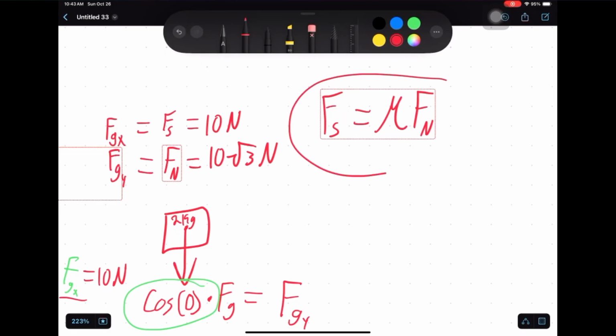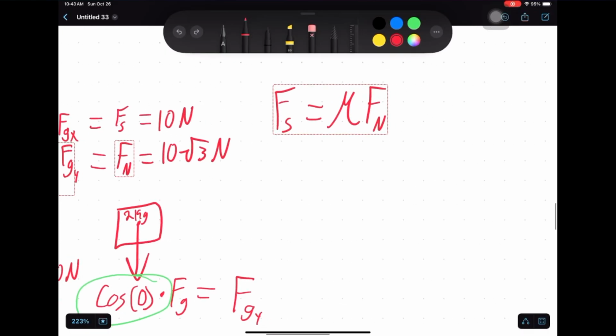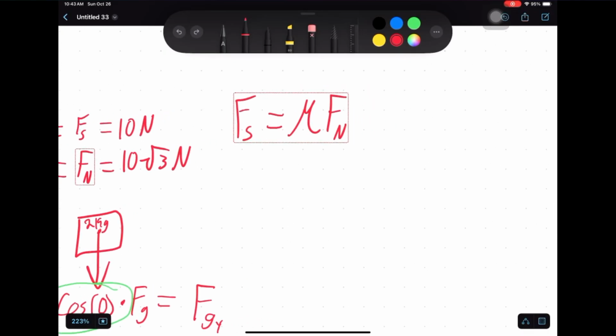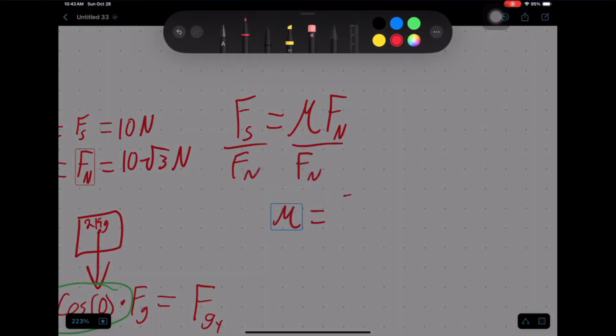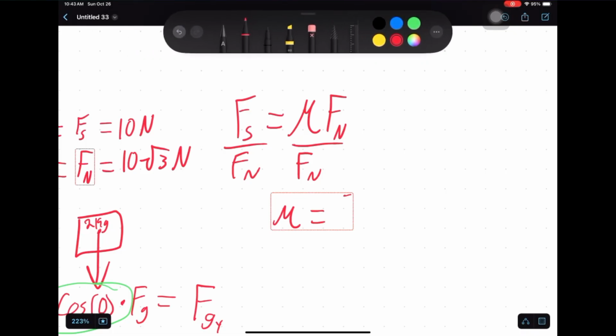This is the actual equation for static friction. Now, we're going to redo this a little bit so we have mu by itself. So I'm going to divide force normal from both sides. And we're going to get mu equals static friction divided by force normal.